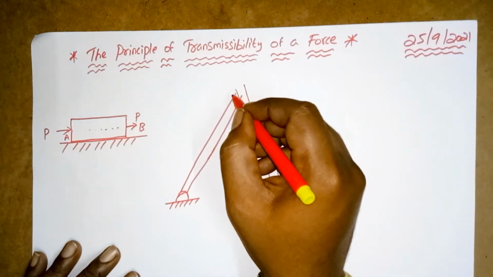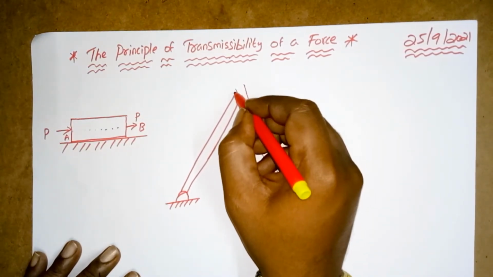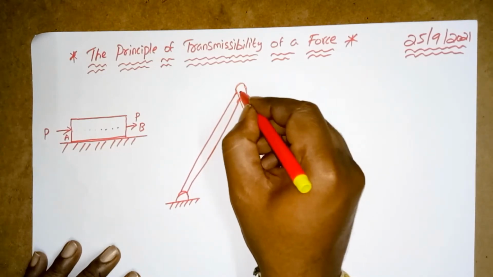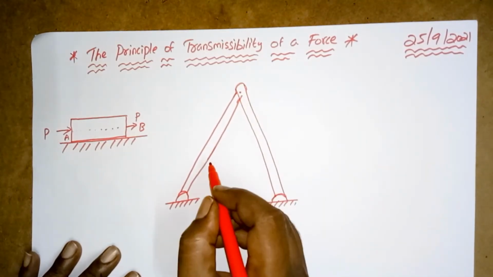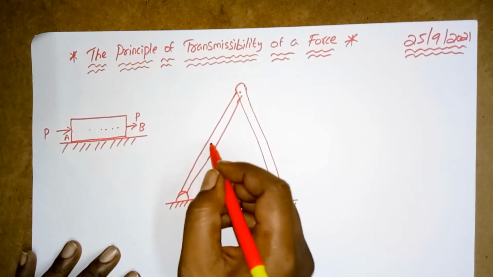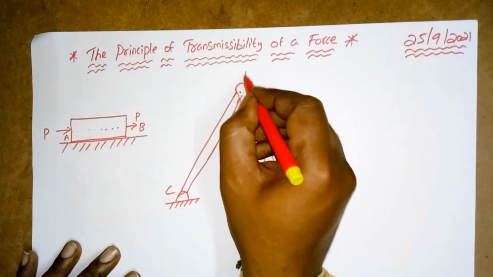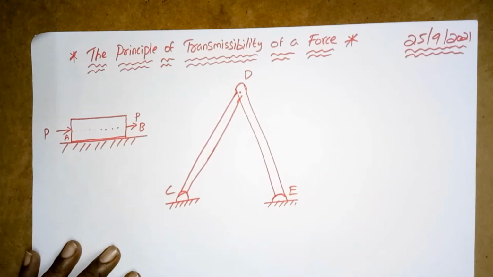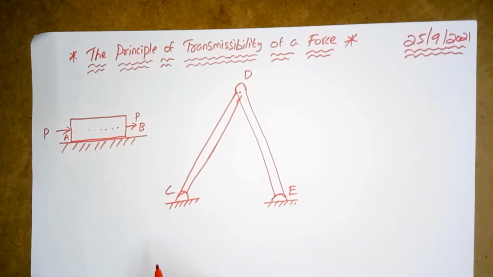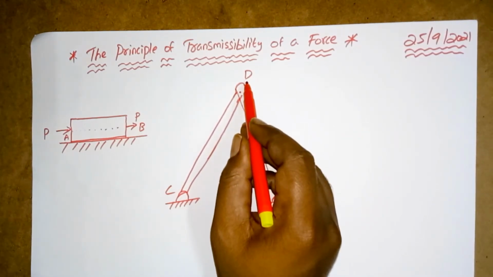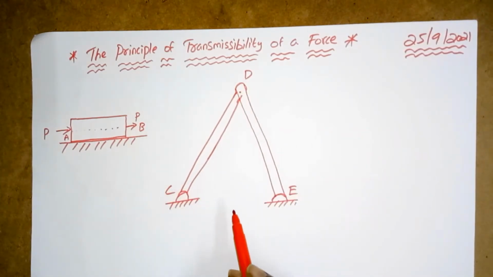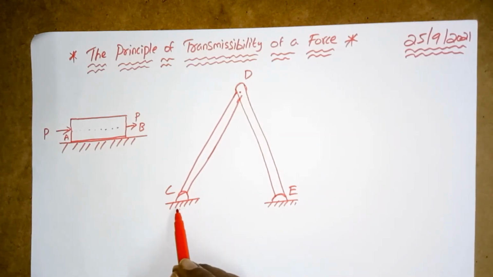They are hinged together at D, with the other points being C and E. The system of two bars hinged together at D is not inherently rigid. It is the hinged supports at C and E that restrict relative movements of the bars.